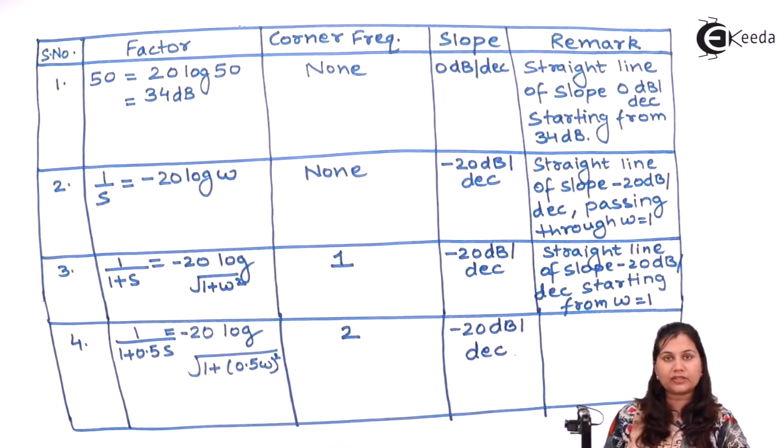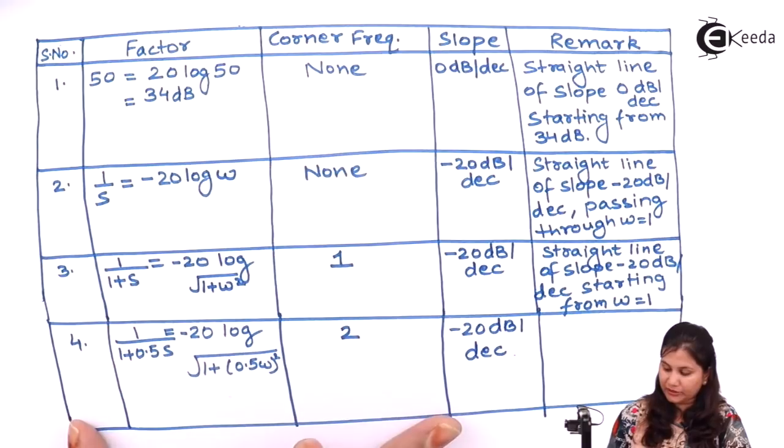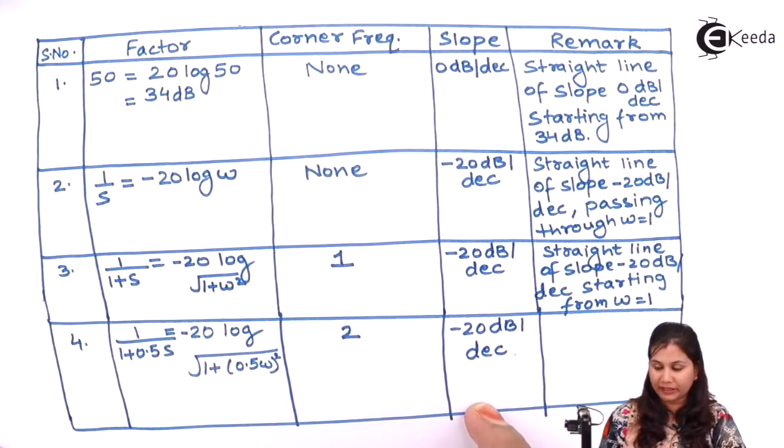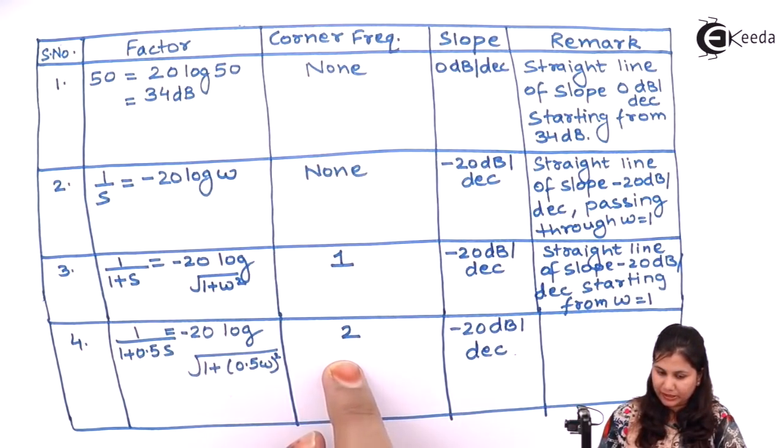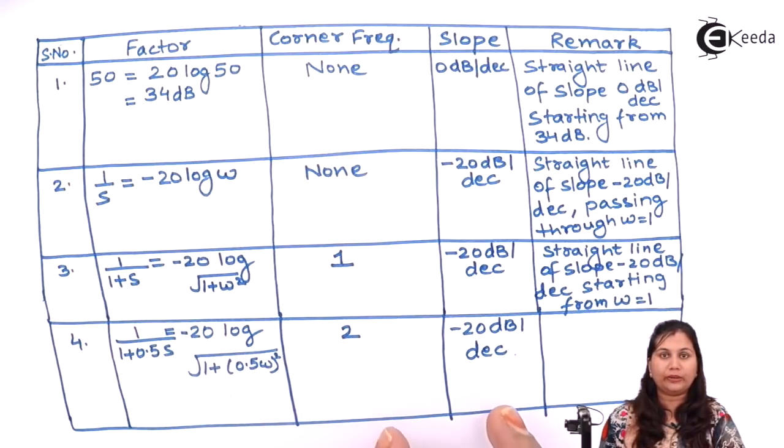How we can represent this on the Bode plot? This will again be a straight line of slope minus 20 dBs per decade and will start from the point of the corner frequency. So here corner frequency is 2, so this straight line will start from omega equals to 2.